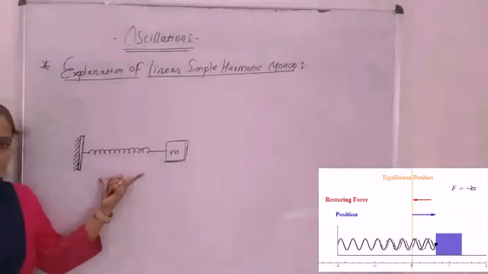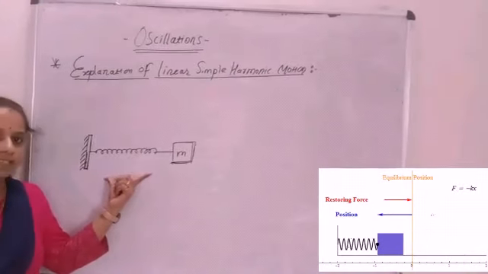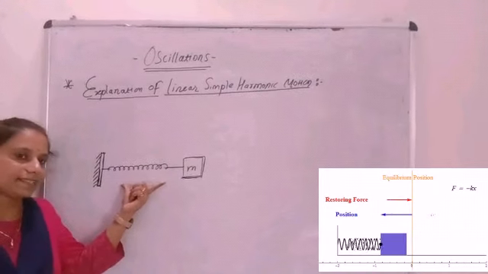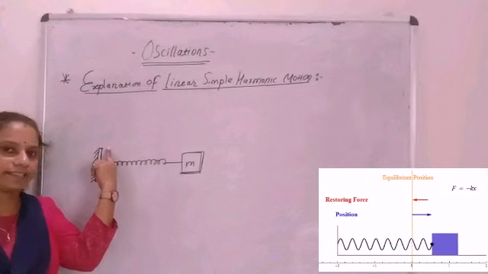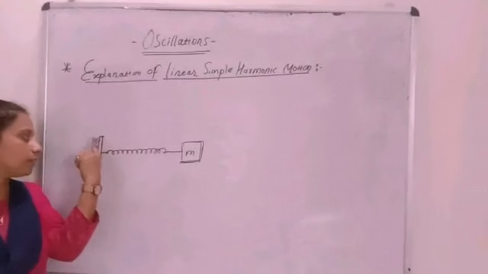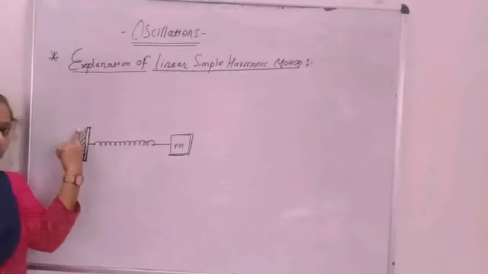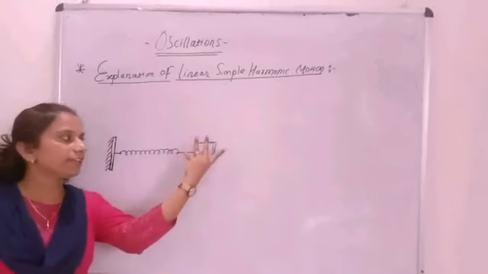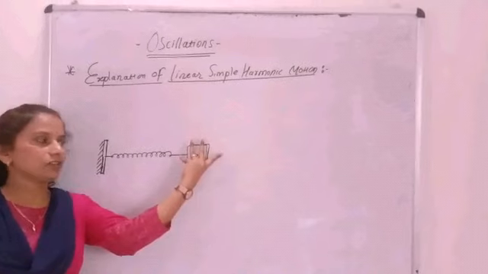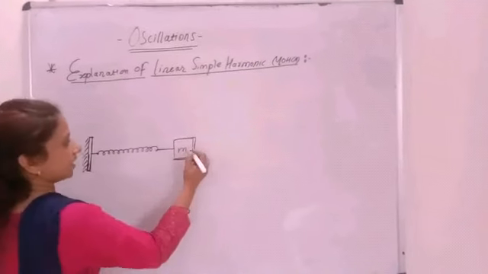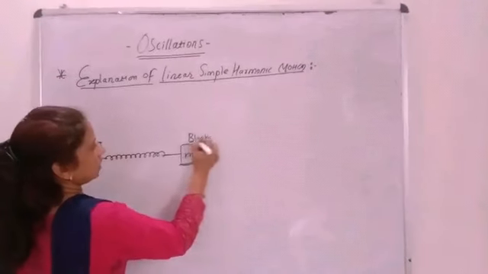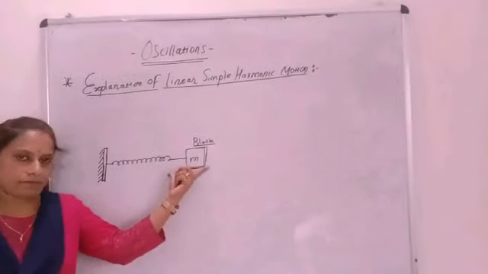Here we consider a spring. This spring is fixed at one end to a rigid wall, and the other end of the spring is fixed to a rectangular block having mass m.